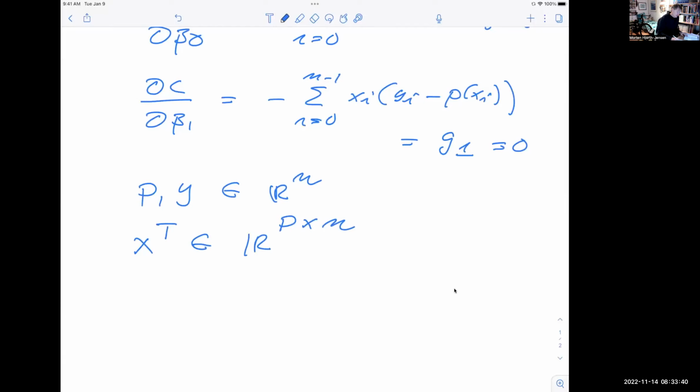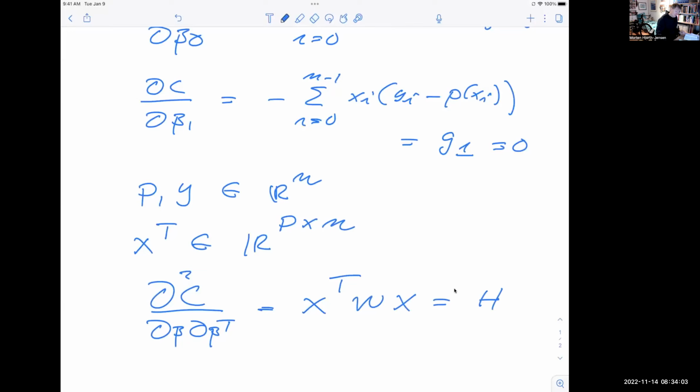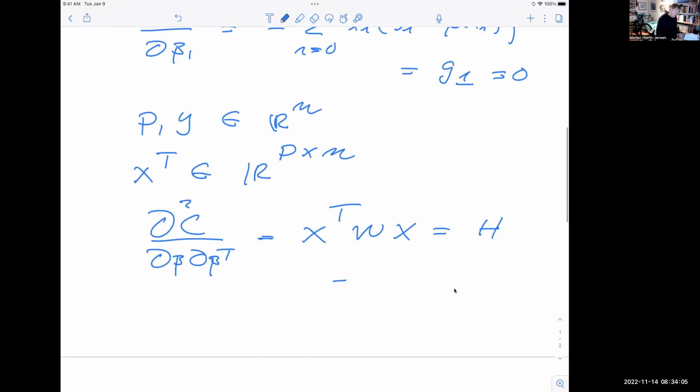And then we also calculated the second derivative, which I'm just going to repeat here, and that's given by X transpose times this matrix W, which has matrix elements only along the diagonal, times X. We are going to call this matrix H, which is normally called the Hessian matrix.